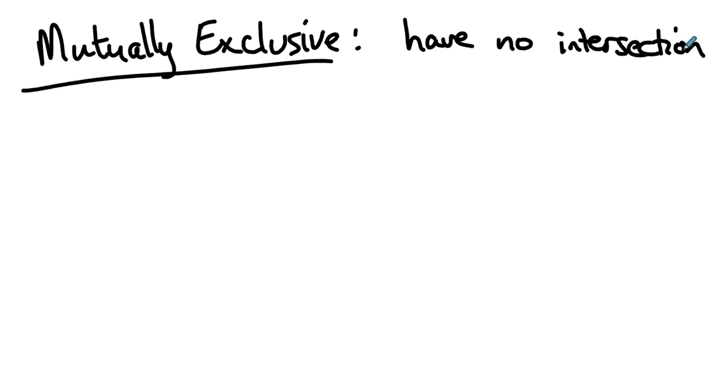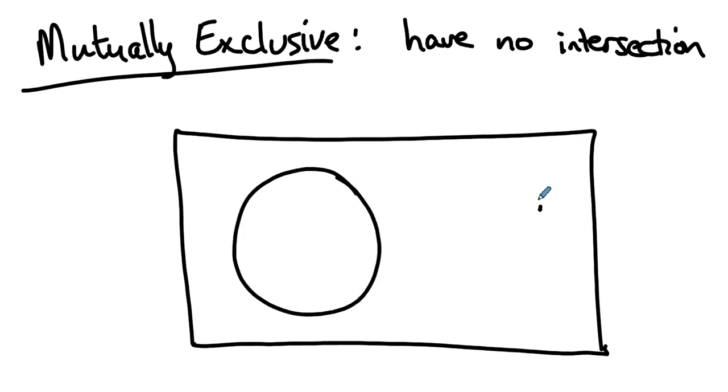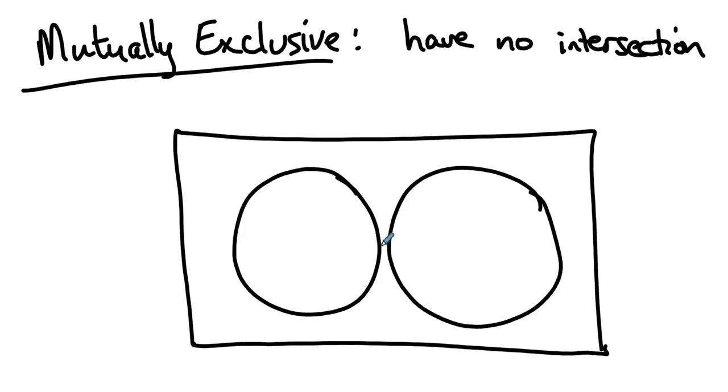So complementary events are a special case of mutually exclusive events. In mutually exclusive events, if the one happens, the other does not happen. Those circles never cross. But it isn't necessarily true that one of them has to happen.